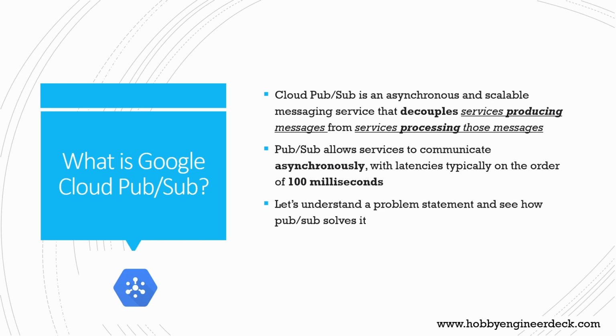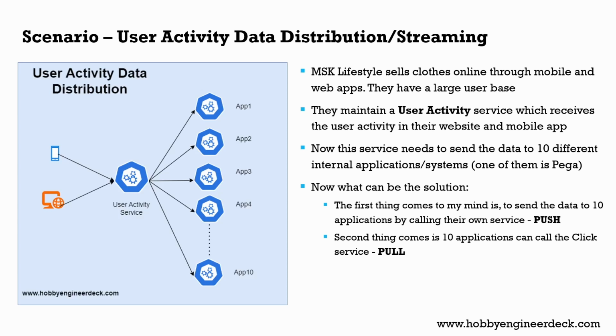In order to understand it better, let us take a problem statement and see how PubSub solves it. Imagine there is a lifestyle clothing company called MSK, which sells clothes online through mobile and web apps, and they have a very large user base.